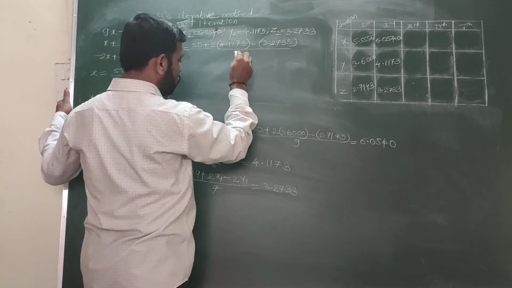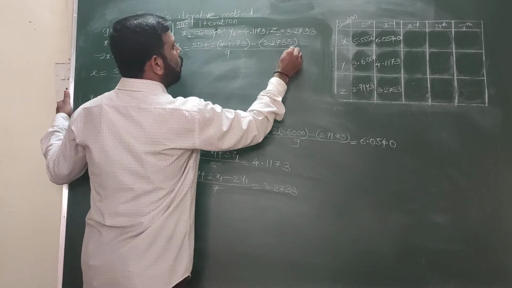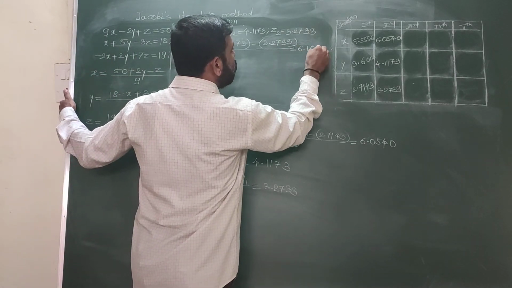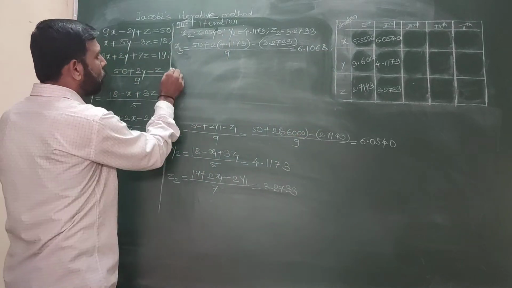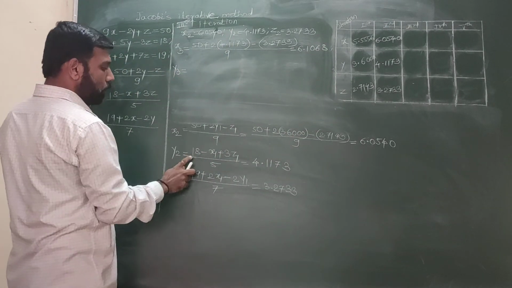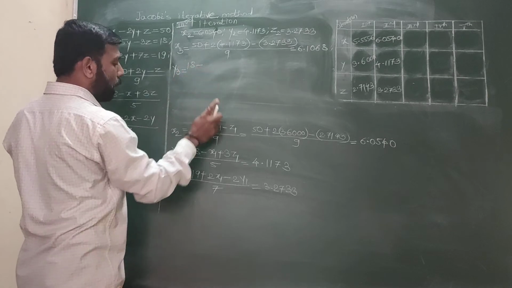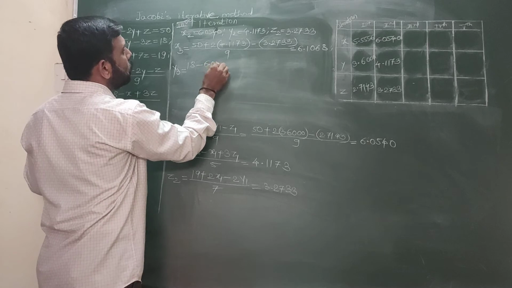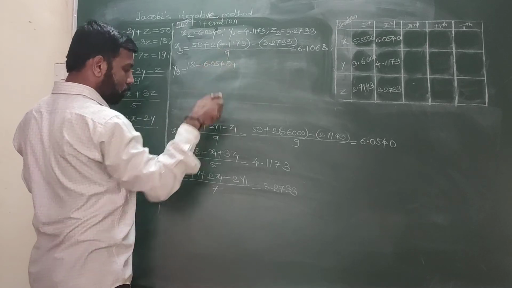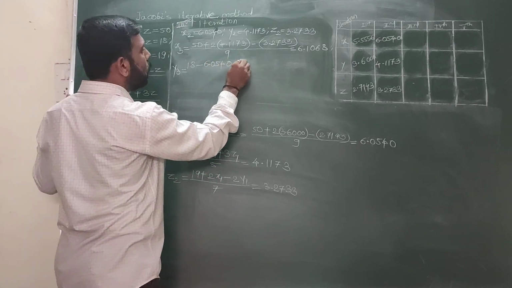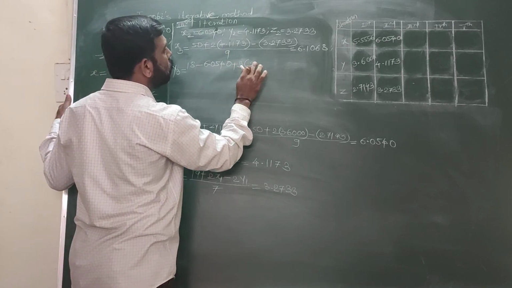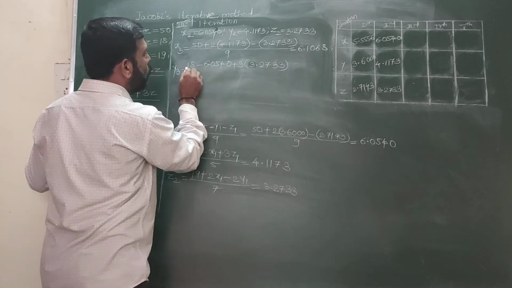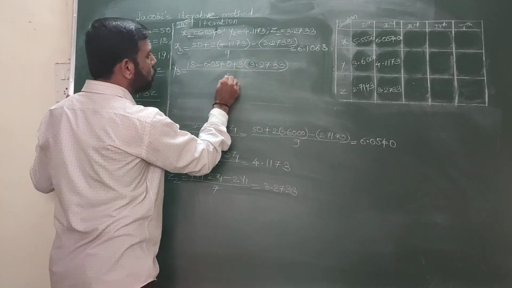With these values, divided by 9, x3 equals 6.1068. For y3, I am also directly putting in the values: 18 minus the x2 value plus 3z2, whole divided by 5.